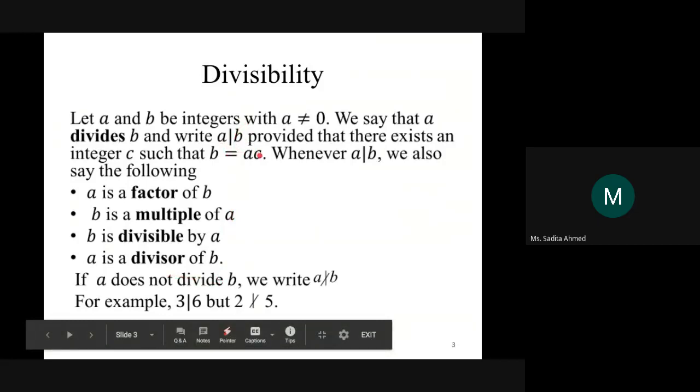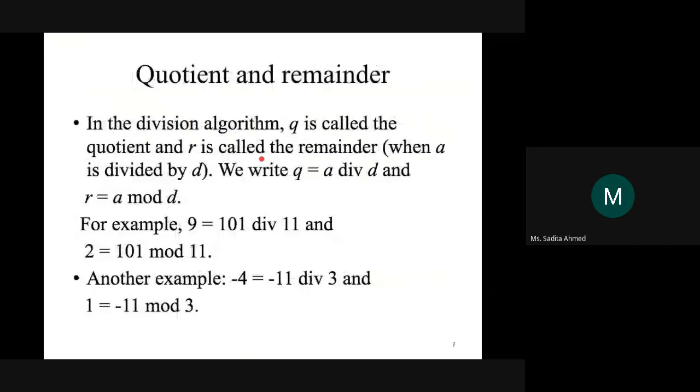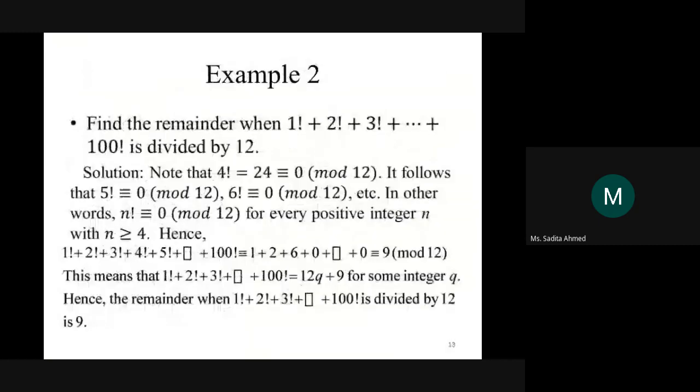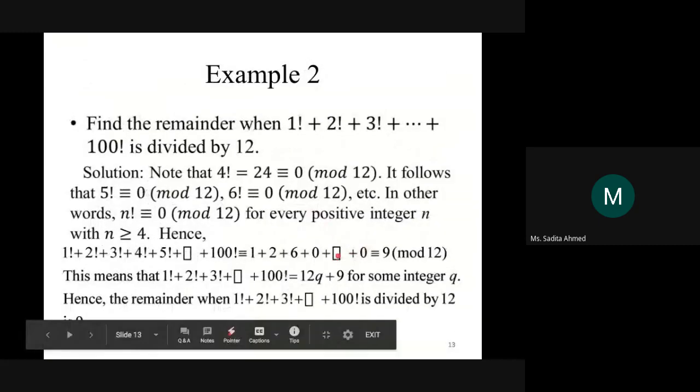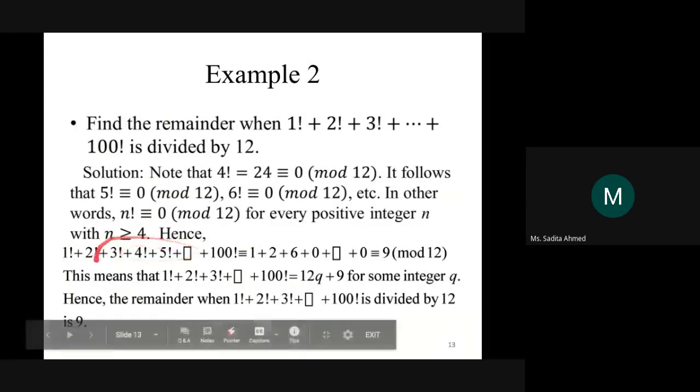B is equal to AC for some integer C. If A can divide B such that the remainder is 0, B is equal to AC for some integer C. So here what do we have? 12 divides the summation of all the factorials minus 9. So in that case, we can say that the sum of all the factorials minus 9 is equal to 12 multiplied with some integer q.